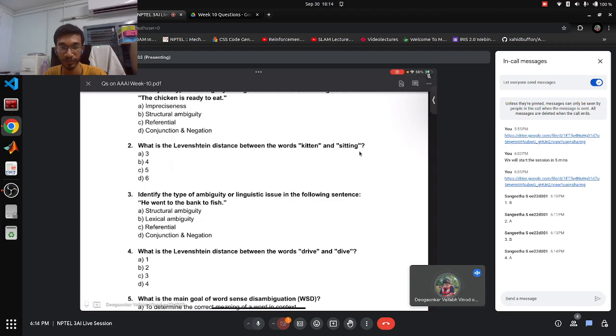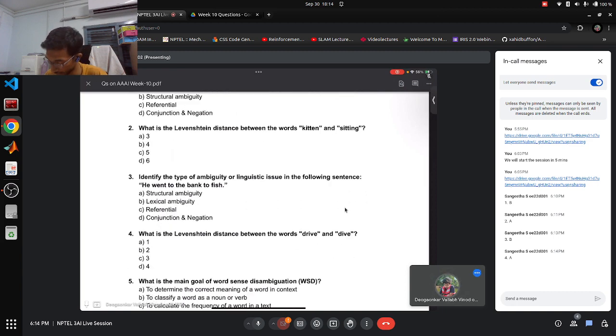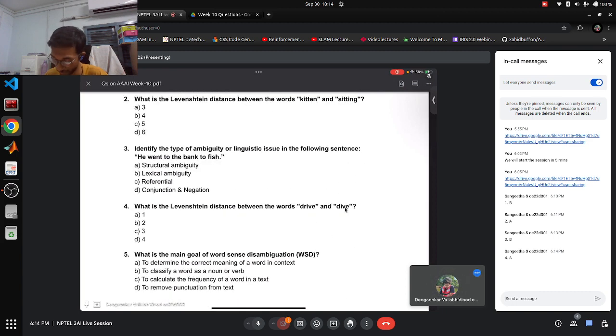For the fourth question, the Levenshtein distance between the words drive and dive is just one letter difference, because R is to be inserted.